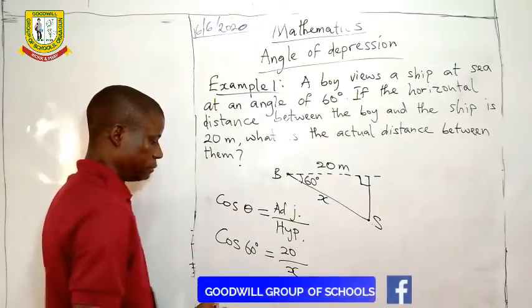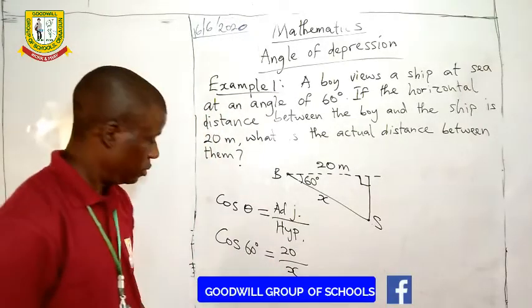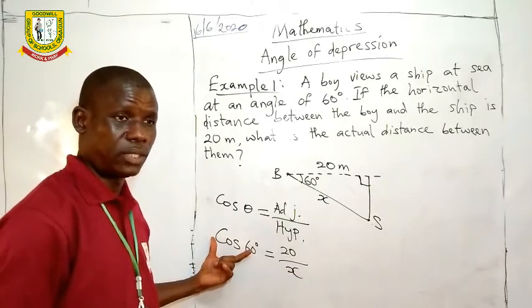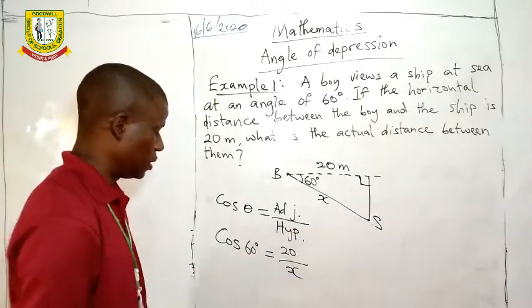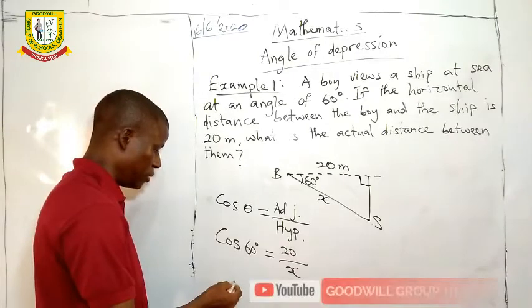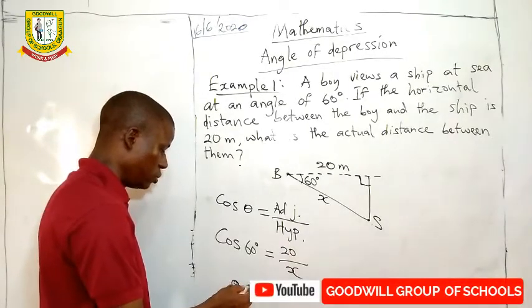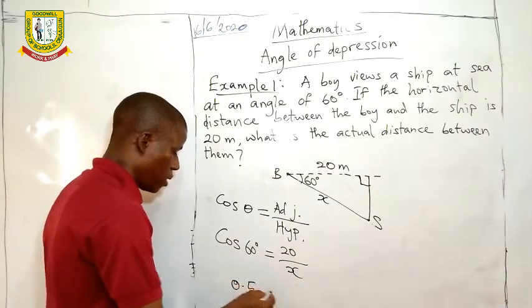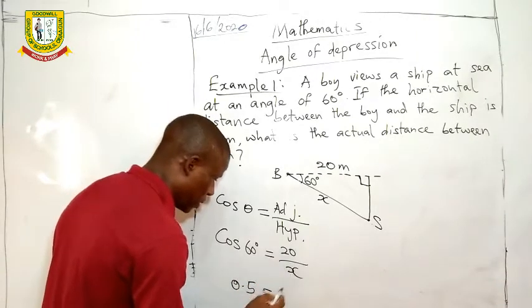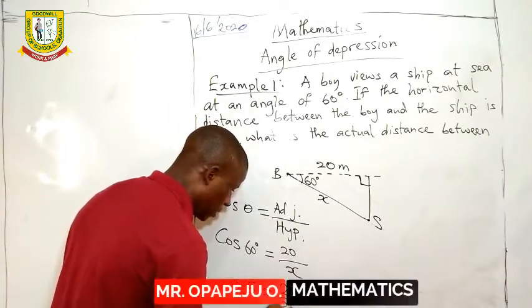And from here, if we find the value for our cos 60, that is 0.5 or 1 over 2, which is the same as 20 over x.